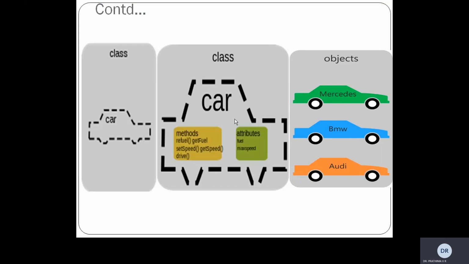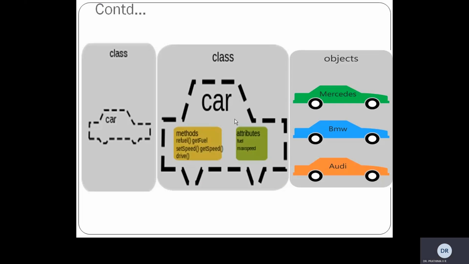Let's have a continuation observed here. What we understand with this diagram is there is a class initially named car, and to this created class we determine the actions, and those actions are set by the methods corresponding to the attributes.